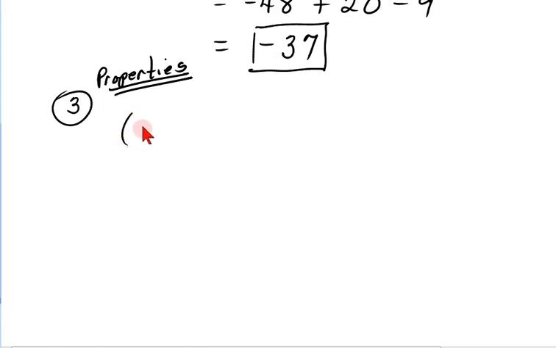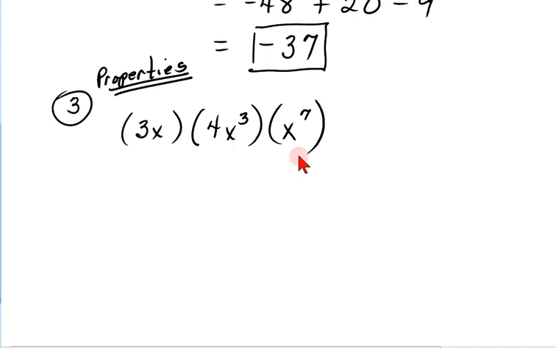Okay, I have 3x in parentheses times 4x to the third parentheses times x to the 7th. The properties are on your blue sheet, on the notes that could be printed, on the handouts for my online people, and you should do the properties in this order.